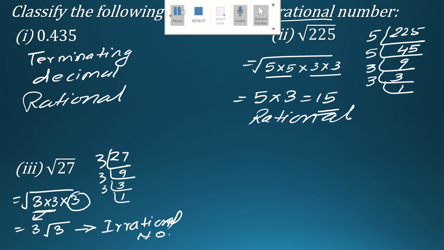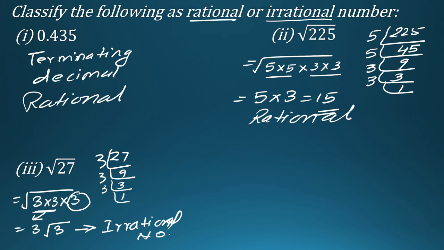Okay. Now let's talk about the last example. This is 0.4014308869 and so on. This dot dot dot means this continues. Okay. Now can we see any pattern in this? No, we cannot see any pattern.